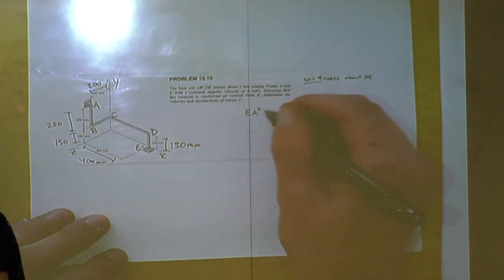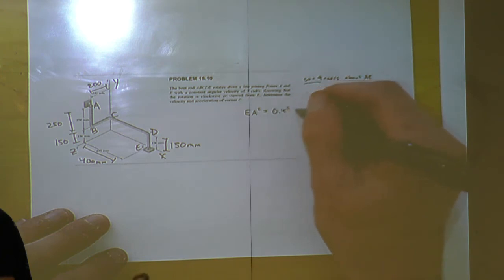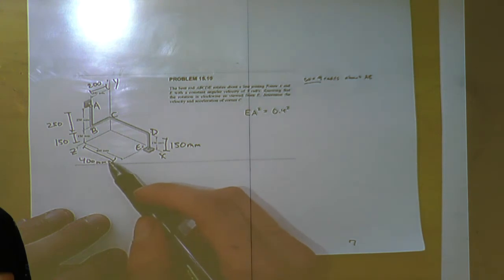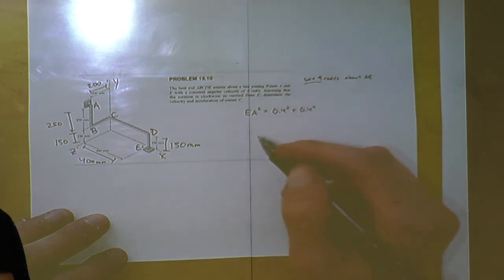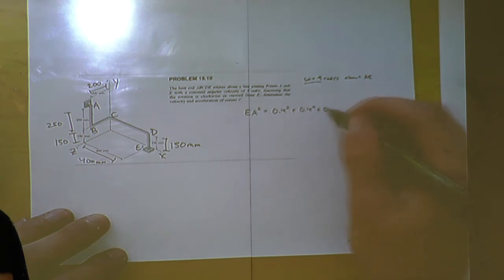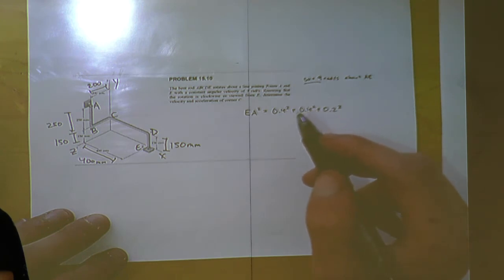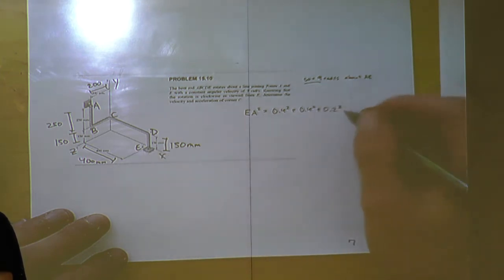So we're going to solve for the unit vector of EA to start with. So we're going to take this 0.4 squared plus 0.4 squared, which is this, plus 0.2 squared, which is this, yeah.